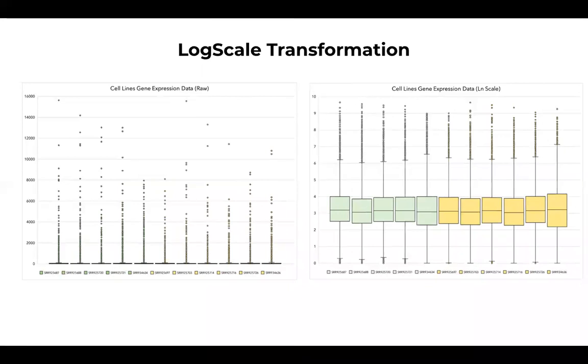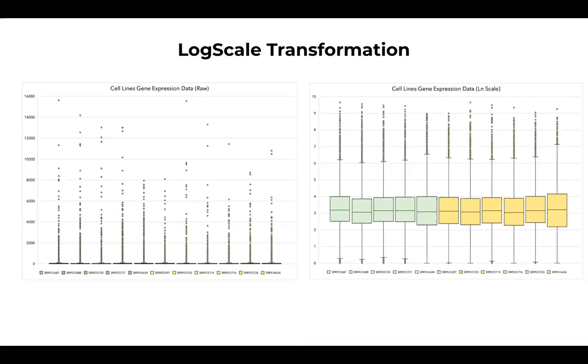So if we transform our values into log scale, we will see a much more normal bar like. So this is the actual data, the first graph on the left. This is how a sample would actually look like. And you can see that a lot of samples are having very high expression, and there are also a lot of samples down below which has low expression.